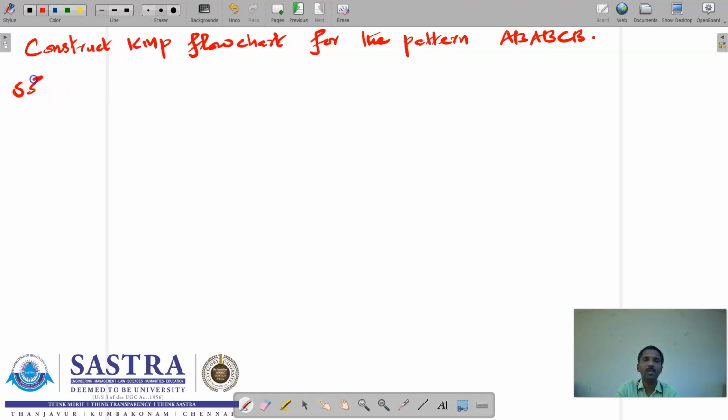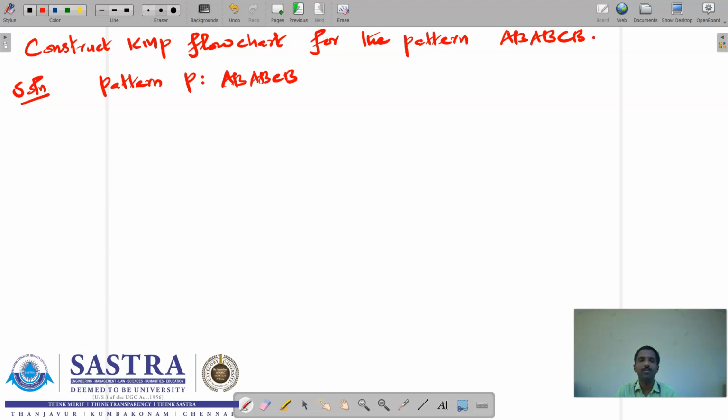Let AB, AB, CB be the given pattern. Pattern P is AB, AB, CB. This is the pattern. Given this pattern, we need to construct the equivalent KMP flowchart.